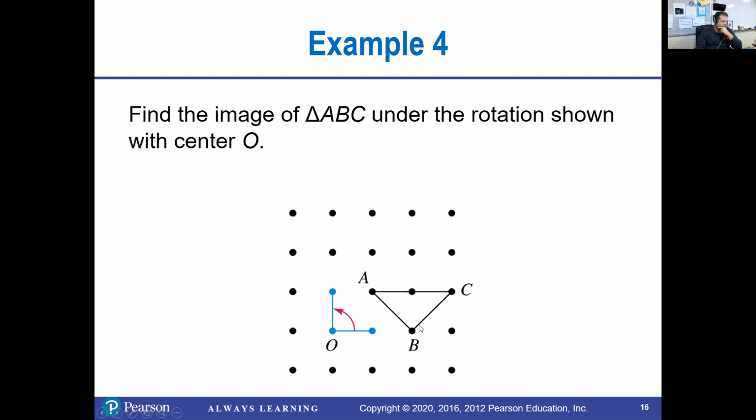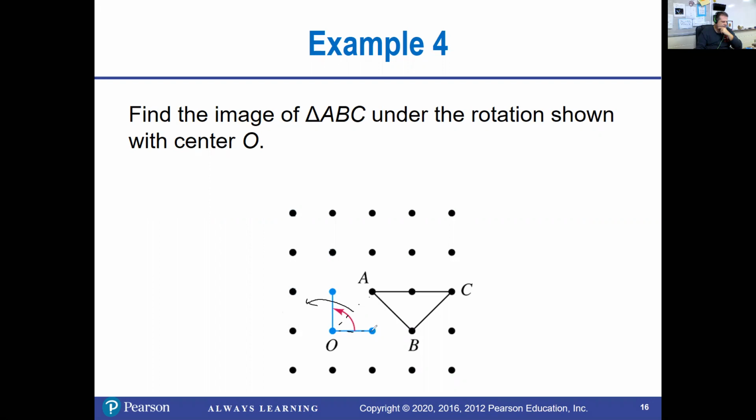As you turn, this thing's going to have to go at 90 degrees basically. Okay, but notice the distance. There's a difference here. You do have to worry about this distance here. Okay, this has to turn 90 degrees.